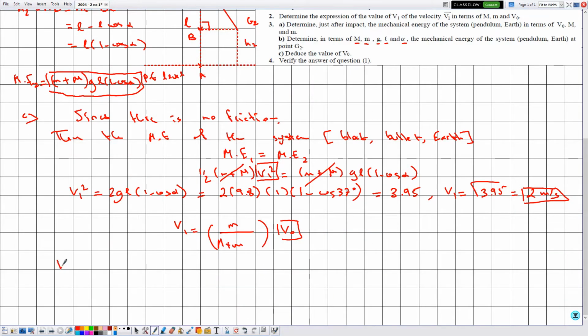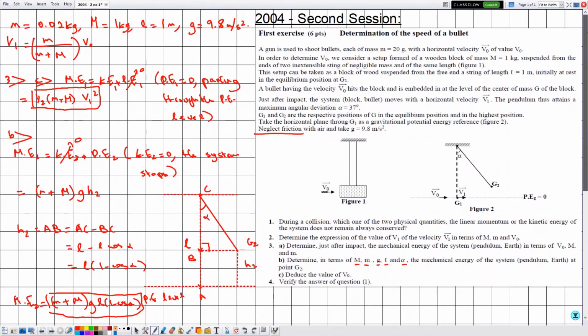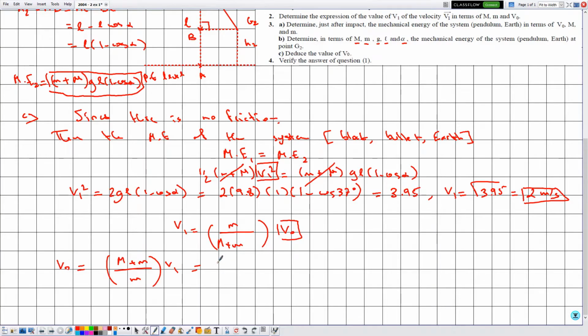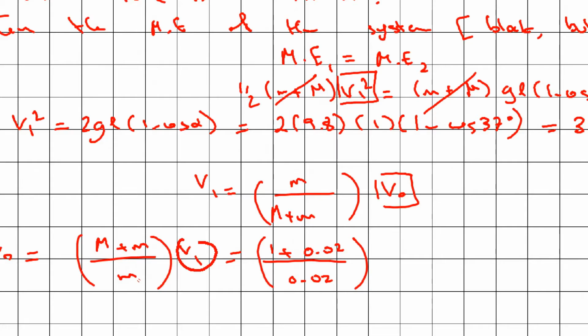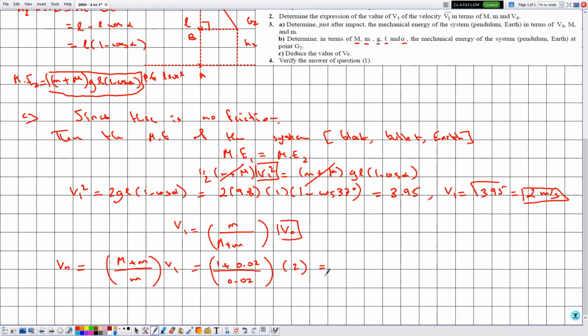Now if we rearrange for the following equation, we get that capital M plus m divided by small m multiplied by V1 is equal to, so capital M is given by 1 kilogram, whereas the small m is given by 0.02, divided by 0.02 multiplied by the speed of the system, which is given by 2. Now plugging this on the calculator, the speed is given by 102, because everything is expressed in the SI, so the value of V0 will be given in meters per second, and this is the order of magnitude of the speed of a bullet.